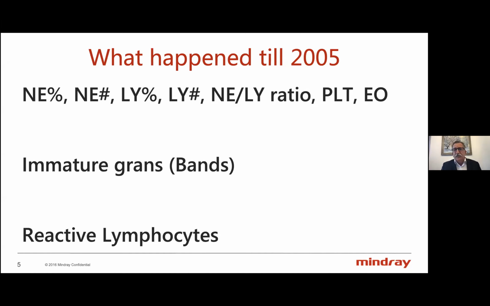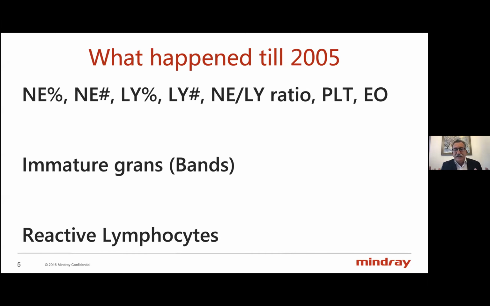Lymphocytes, of course, to make a differential diagnosis between viral and bacterial, neutrophil lymphocyte ratio, platelets, eosinophils, moreover when they are low, etc. Hemograms and bands. I will not enter into this discussion here, but bands are still used now, pediatricians ask for bands to detect infections in children, and they were used classically in hematology for many years, and reactive lymphocytes.